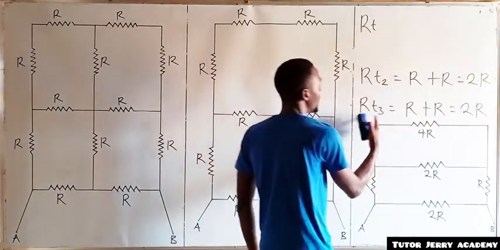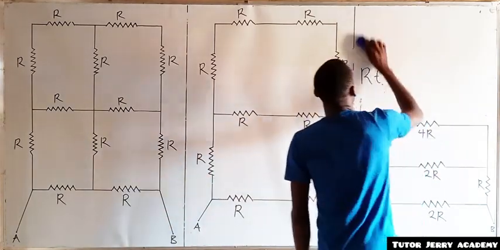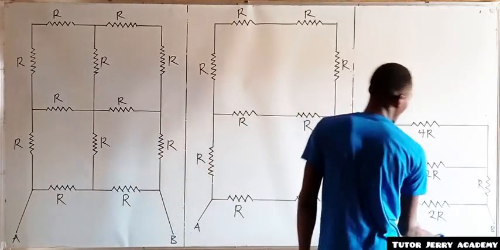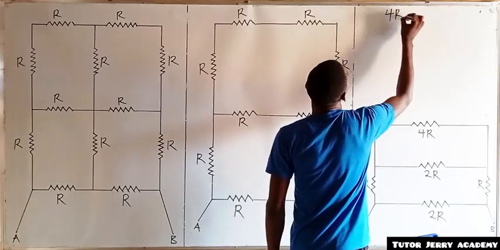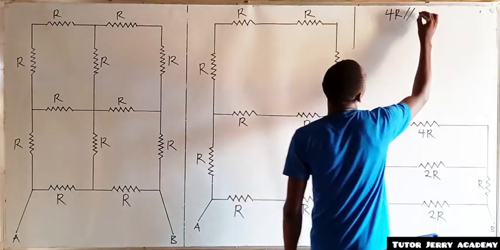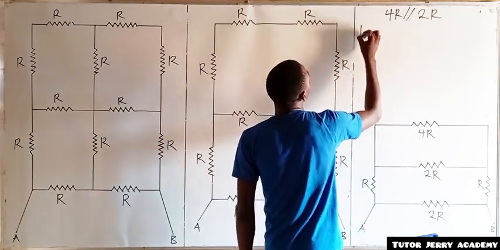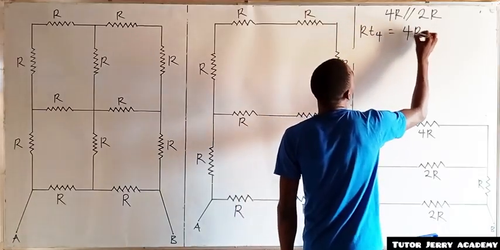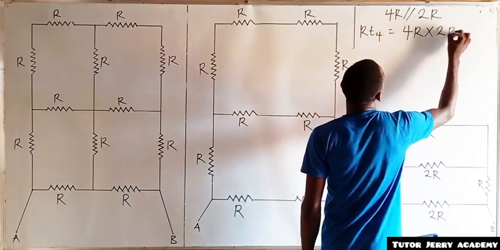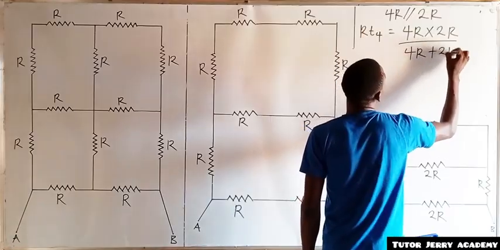We stop at RT3, so we'll continue with RT4. We are saying that 4R is parallel to 2R. So RT4 will be equal to 4R multiplied by 2R divided by 4R plus 2R.